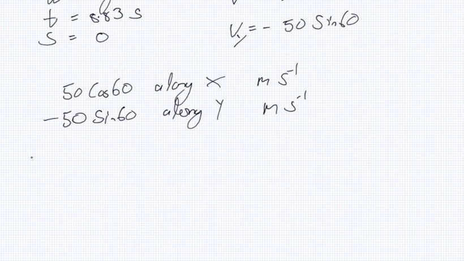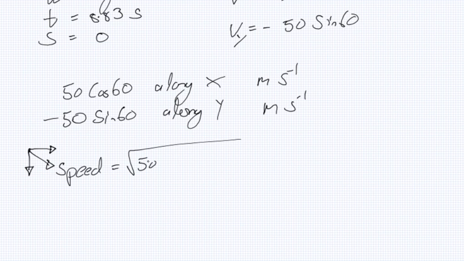So it's heading like this at the end of the flight. Just before impact, it has 50 cos 60 this way and 50 sine 60 this way. So the speed is square root of 50 cos 60 squared plus 50 sine 60 squared. No need to worry about the minus.